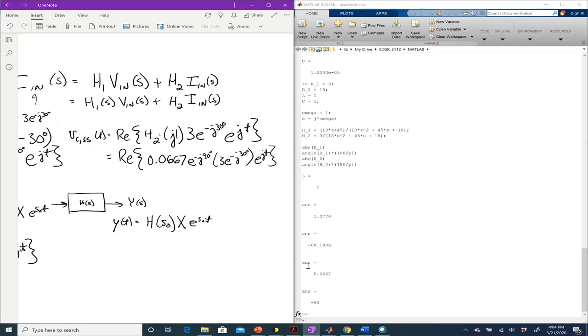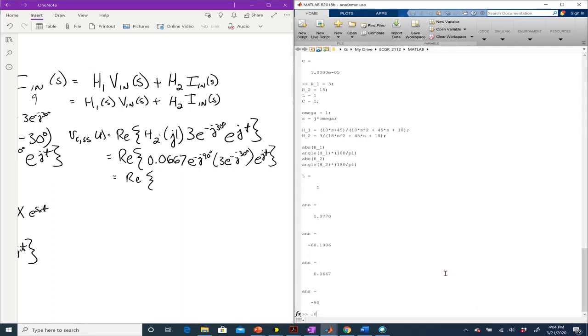So if I say, how do I simplify that? Let's get this out of the way here. That's the real part of 0.067 times 3.